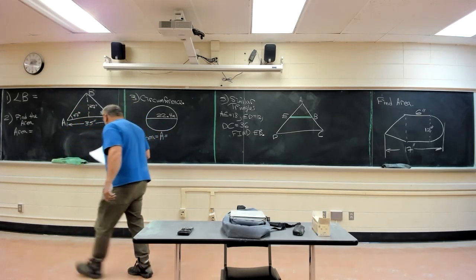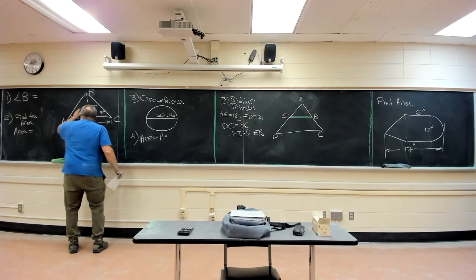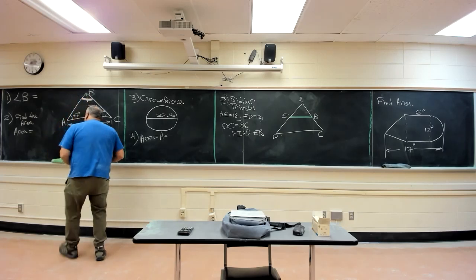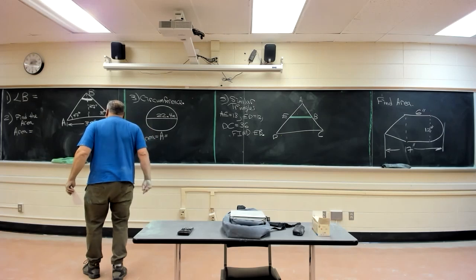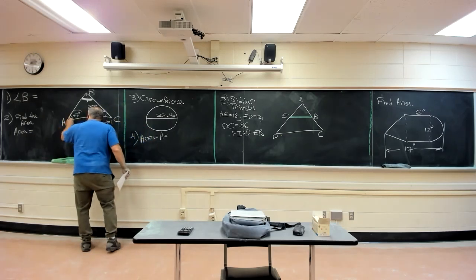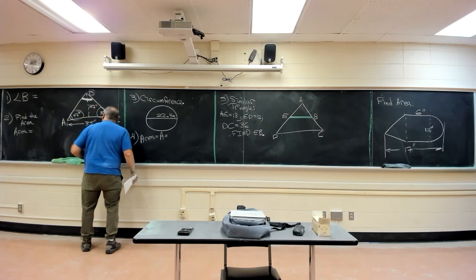For this right here, they'd like to find the angle B. Well, there's 180 degrees in a triangle. Here's 47 of those degrees. Here's 31 of those degrees.